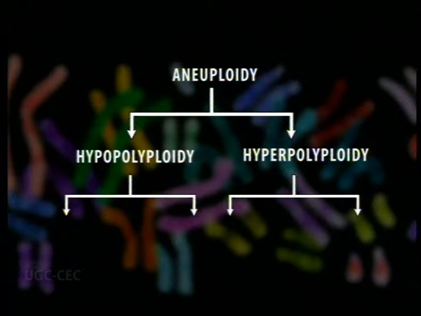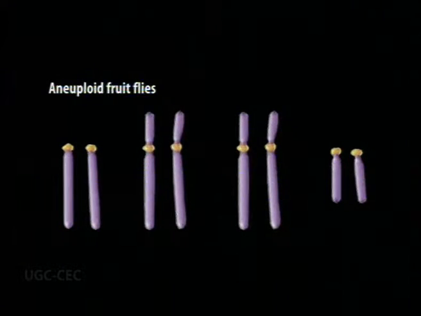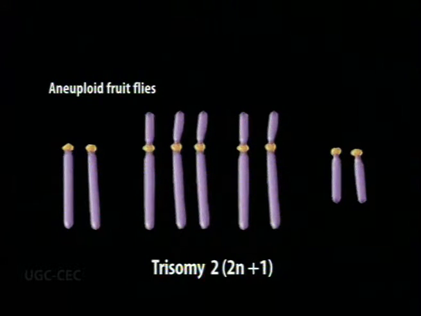Then we have hyperploidy, which means increase in one or few chromosomes from the basic set. It has two types, trisomy and tetrasomy. Trisomy is a condition where there is one extra chromosome and is designated by 2n plus 1, and this extra chromosome can belong to any of the pairs, and hence here also we can say that the possible number of trisomics in an individual is equal to the number of chromosome pairs or half of the chromosome number of the somatic set.